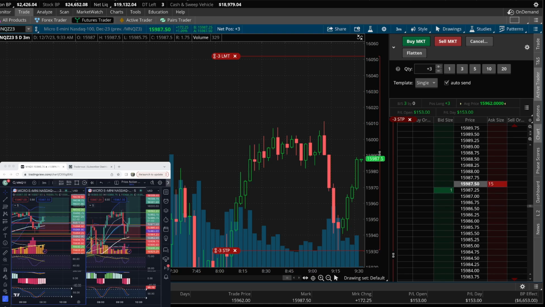And then it ended up inverting and acting as resistance yesterday. And so now today we have it pushing upwards out of this fair value gap, and now it appears to be acting as support again.